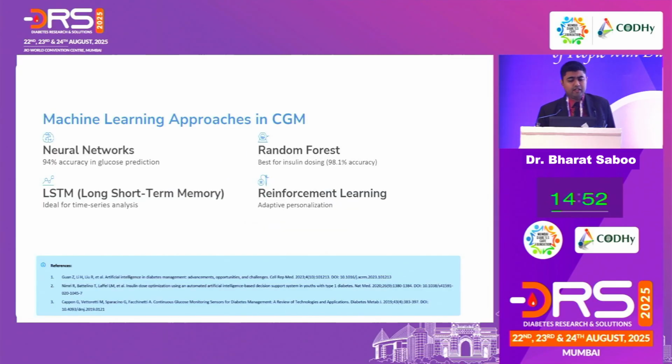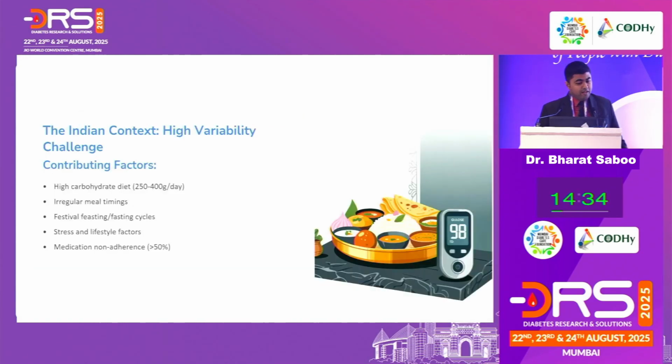Now let's look at machine learning approaches. LSTM, long short-term memory, is one of the core algorithm structures when building something on CGM with AI. 94% accuracy in glucose prediction has been seen by deploying neural networks of AI in CGM-based data processing. In the Indian context, we heard some amazing points from the previous session.